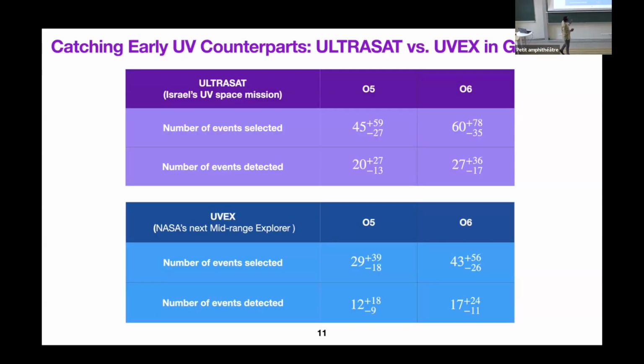For O6, we selected 60 and detected 27. In contrast, with UVEX, we selected 29 but detected 12. And for O6, 43 selected and 17 detected.